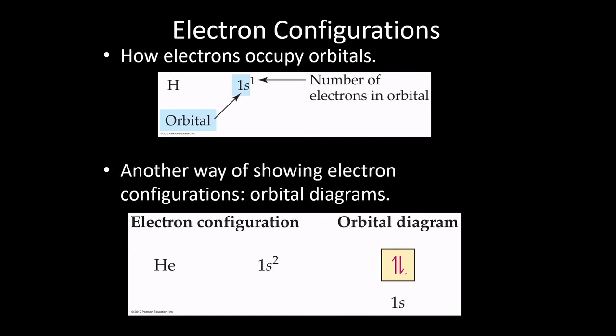Now the electron configuration doesn't give you as much information, but usually the electron configuration is more than enough. Usually that's all you will need. But we will still be doing orbital diagrams because it's good to know how to do those. And if you write the orbital diagram, you actually are describing all 4 of the quantum numbers with what you write.